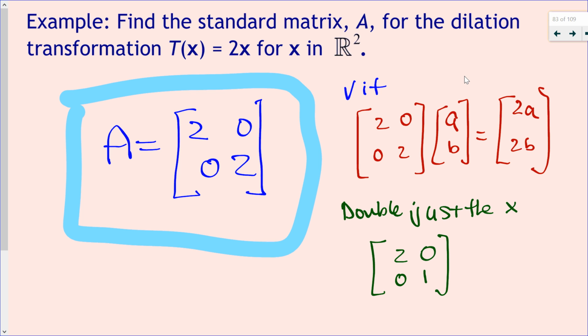So if you want to double just the x component, let's multiply that times a, b. I would get 2a and b. Nice. All right. And now we're going to formalize this process so we can figure out how to do even more complicated things besides just doubling.